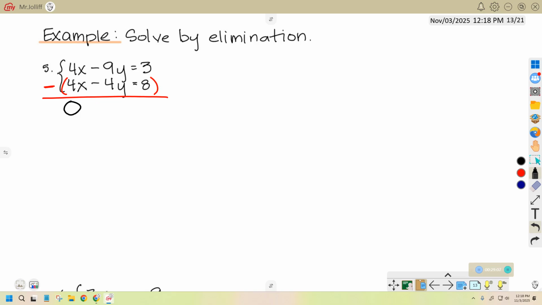Negative 9 minus minus becomes plus, so this is negative 9 plus 4, which is negative 5y equals 3 minus 8, and 3 minus 8 is negative 5. Good. I want to solve that for y. I can ignore the 0. What should I do? Divide by negative 5. I get y equals 1.